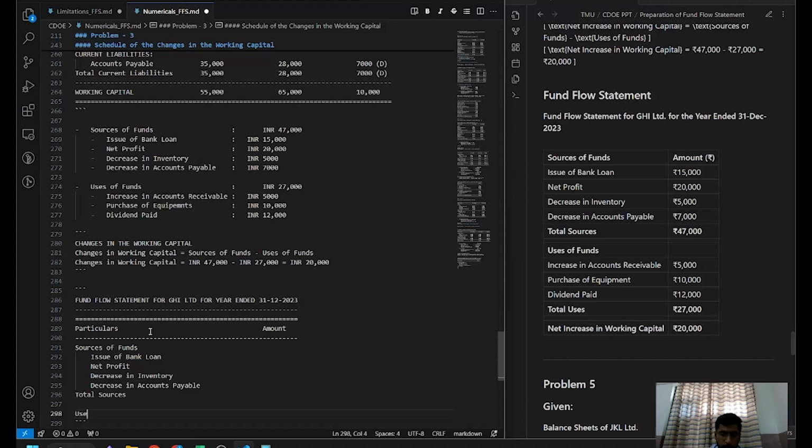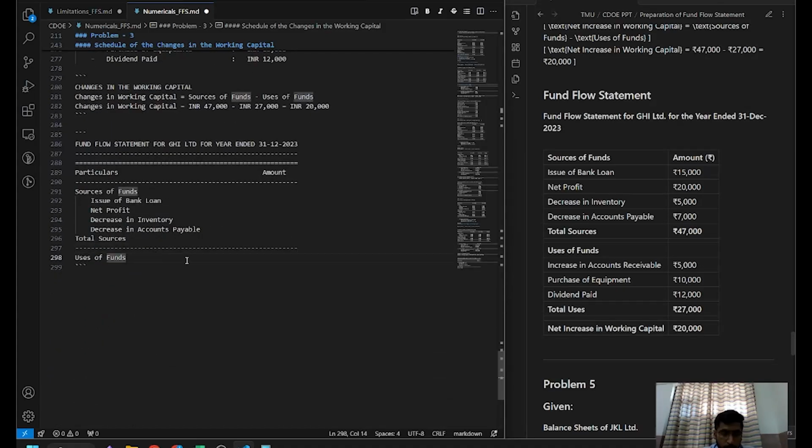Okay, then next is the uses of funds. Then talking about the uses of the funds: increase in accounts receivable, purchase of equipment, dividend paid, marking the total uses.